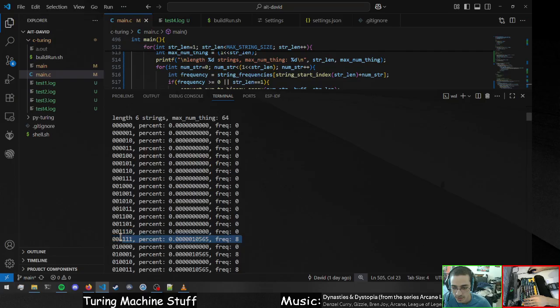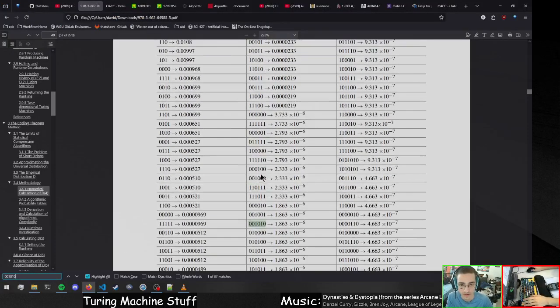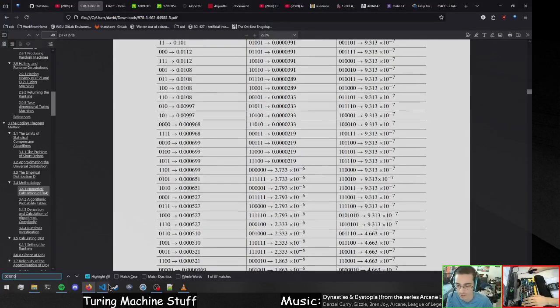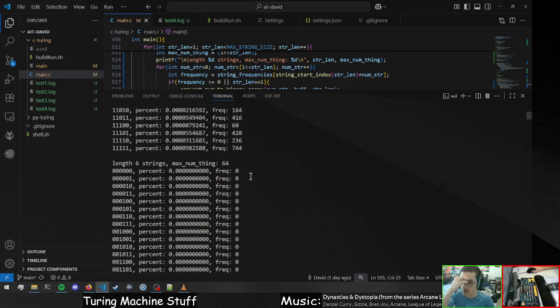I mean, this one is there, this one is there, but what about all these strings? What about this one? Is this in there? Yes, it is. Okay, this is not right. Not right at all.